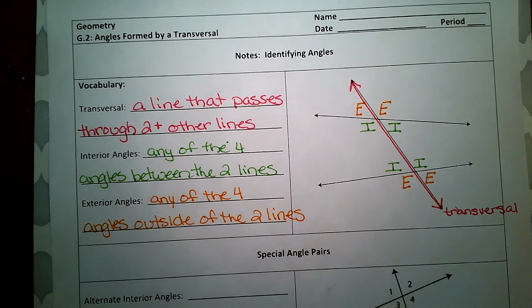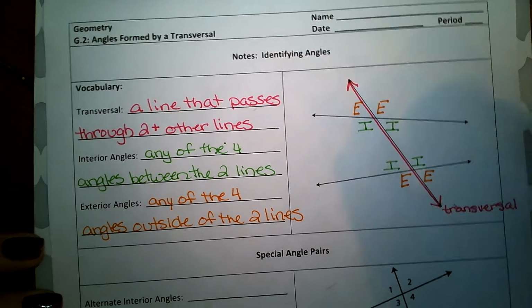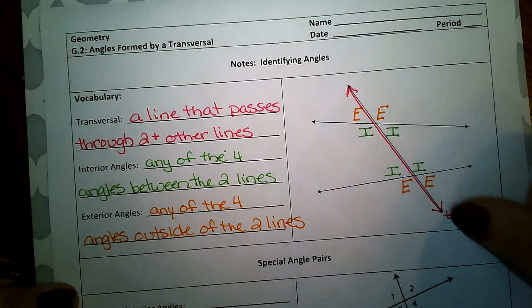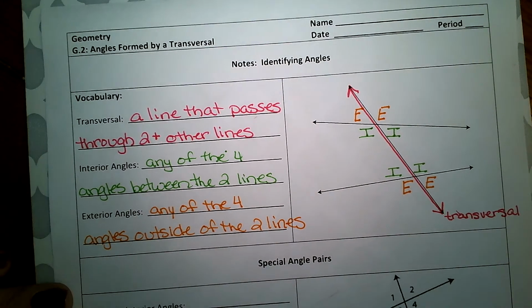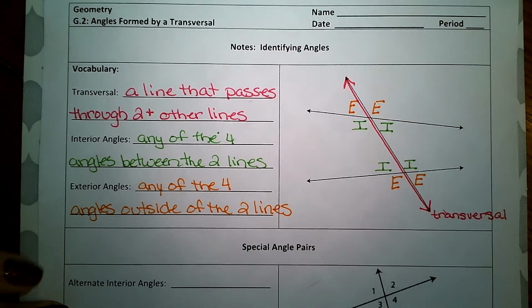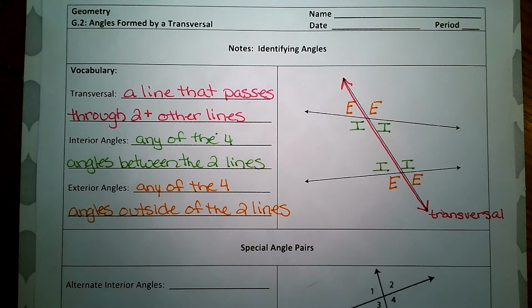So we've got 2 random lines, a transversal cutting between them, and that creates 8 total angles: 4 interior angles and 4 exterior angles. Understanding interior and exterior is really going to make this next part go so much smoother.